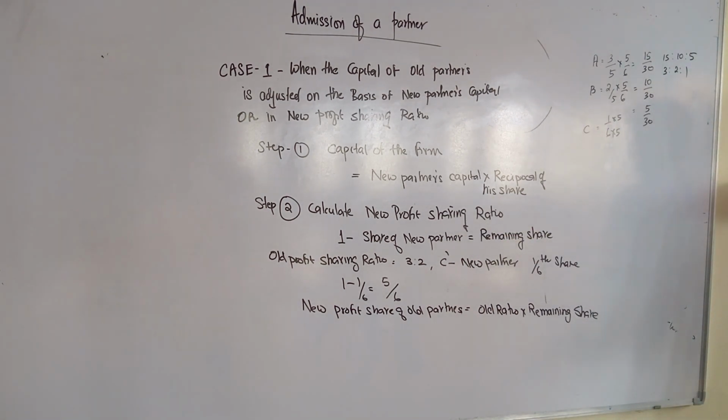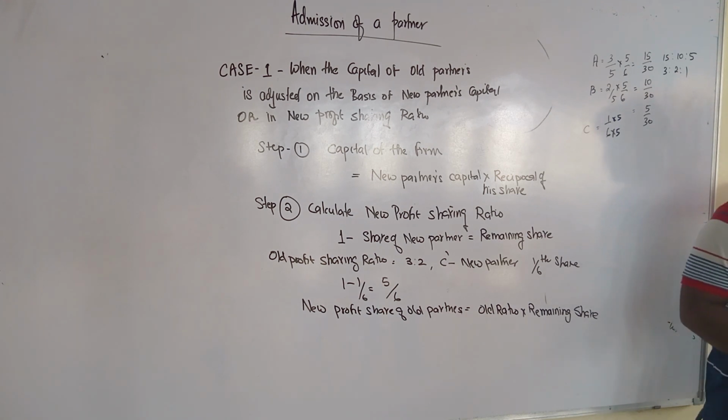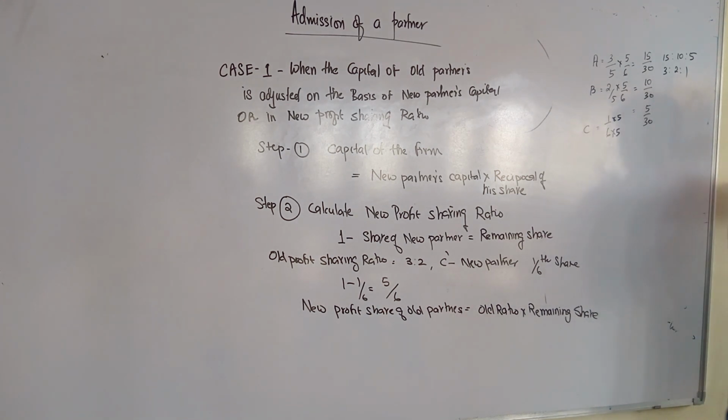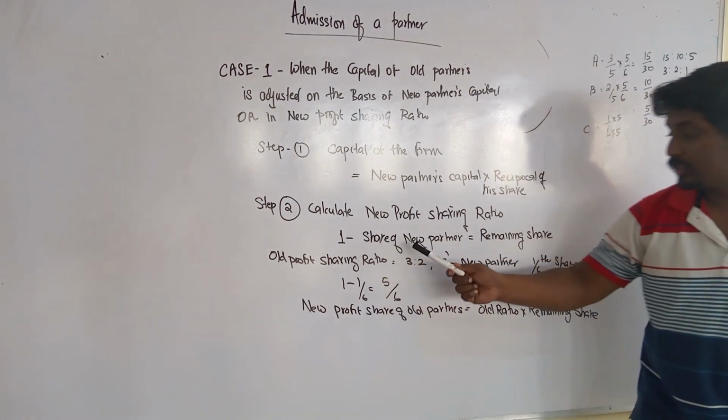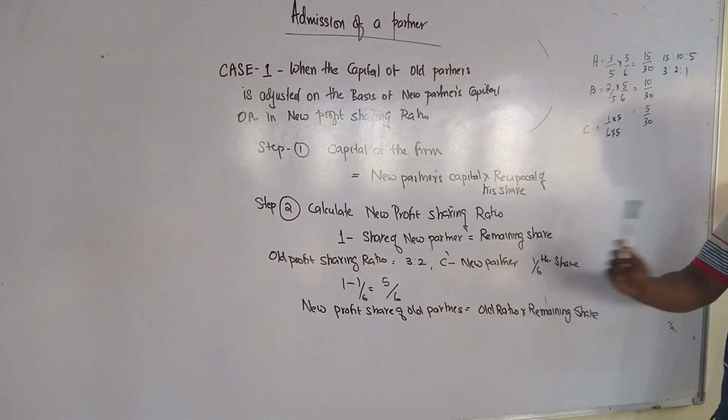And how do I find the new profit sharing ratio? If it is given, then it's not a problem. If it's not given, always remember the total share is always 1, because all profit sharing is in fractions. So 1 minus share of new partner, that would be the remaining share.